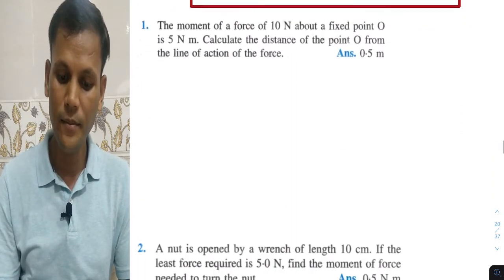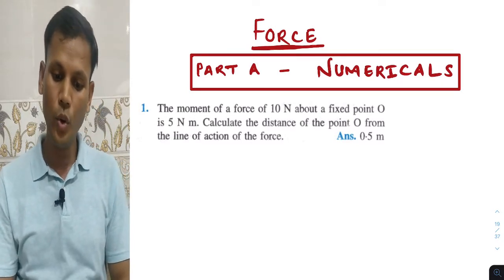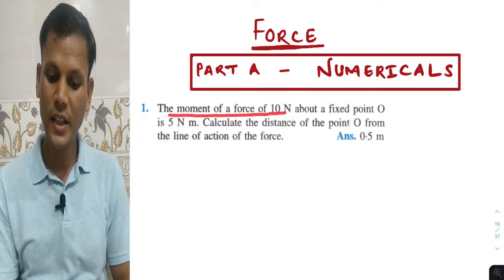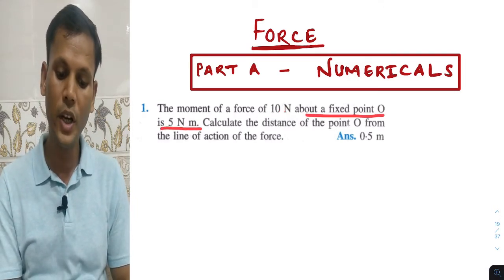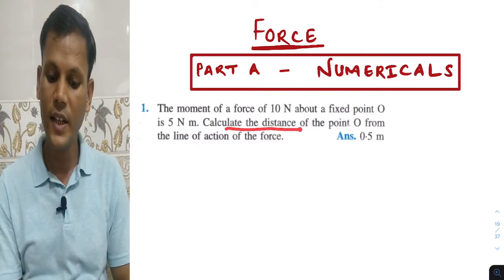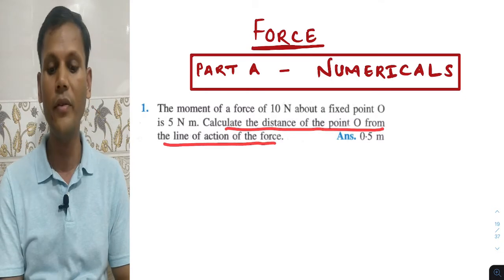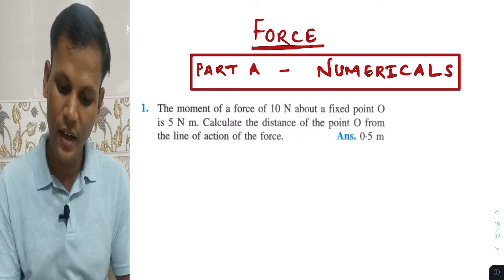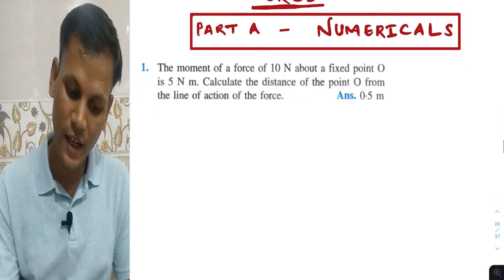So first sum is here. The moment of force 10 Newton about a fixed point O is 5 Newton meter. Calculate the distance of the point O from the line of action of force. So in this case, what information is given?